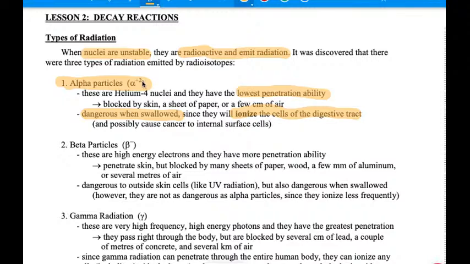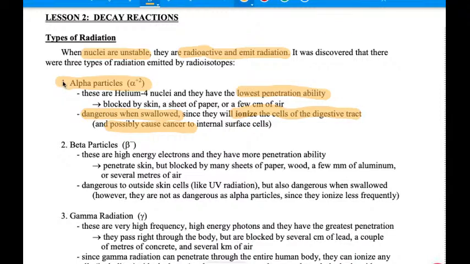Even from our electrostatics unit, it can induce a charge in the adjacent cells, and that can be problematic when it starts to change the nature of the cells and cause cancer. So as long as we're not swallowing alpha particles, they're not going to do much harm to us.